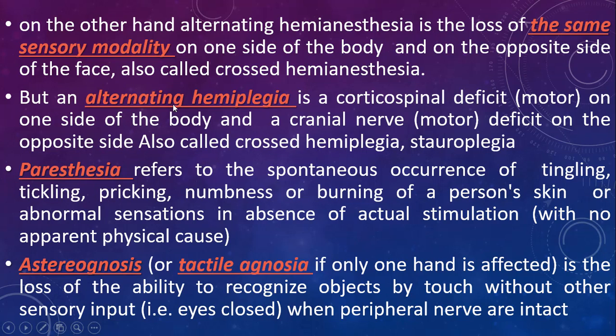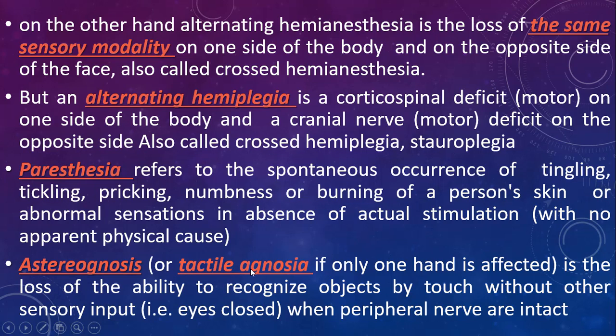But alternating hemiplegia is a corticospinal motor deficit on one side of the body and a cranial nerve motor deficit on the opposite side, also called crossed hemiplegia or stereoplegia. Paresthesia refers to the spontaneous occurrence of tingling, tickling, pricking, numbness, or burning of the person's skin, or abnormal sensation in the absence of actual stimulation, with no apparent physical cause.